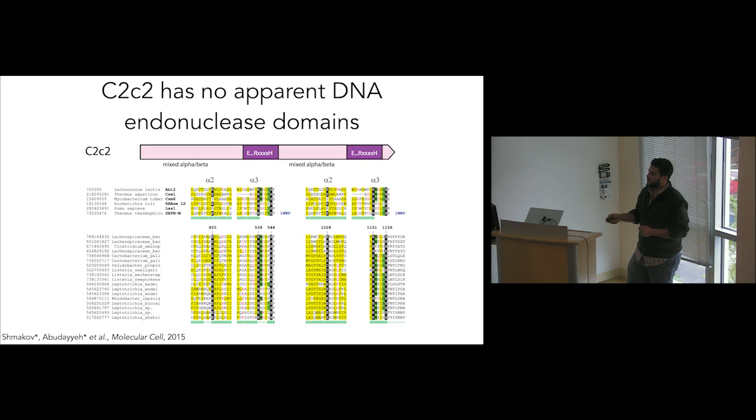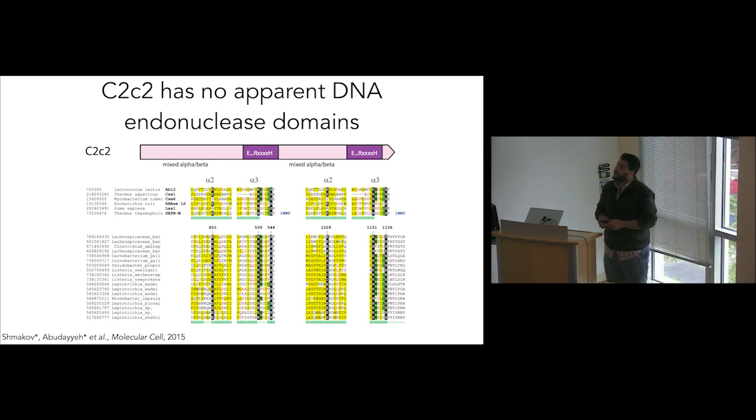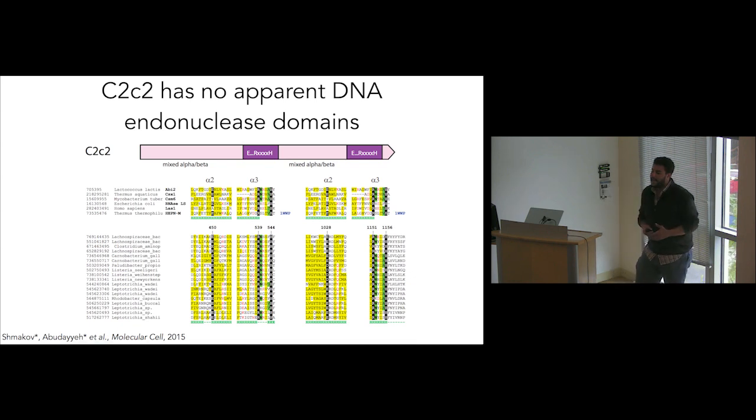When you look at the alignment of the entire family, what's highly conserved are these two HEPN domains, shown in dark purple, which are known to be RNase domains. Because they had these two RNase domains, we thought maybe this could be a programmable RNase. So we did a lot of functional genomics in bacteria and biochemistry work to eventually characterize C2c2, which is now named Cas13, as an RNA-guided RNase.